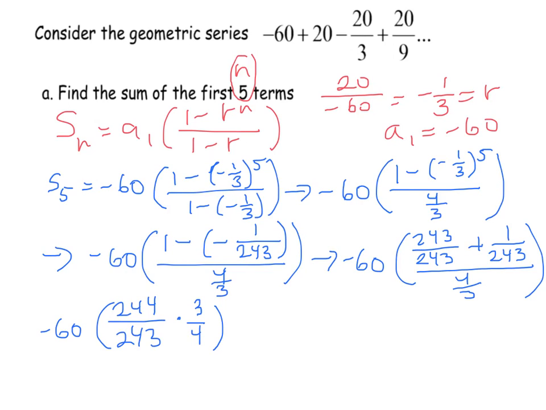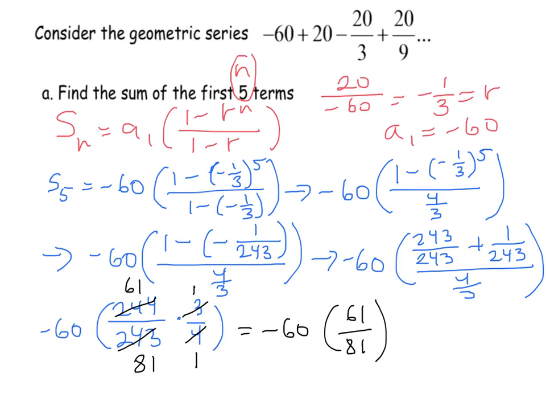So if I simplify, I'm going to simplify by 3 and get 1 and 81. And then I'm going to simplify by 4 and get 1 and 61. So my final answer is negative 60 times 61 over 81.